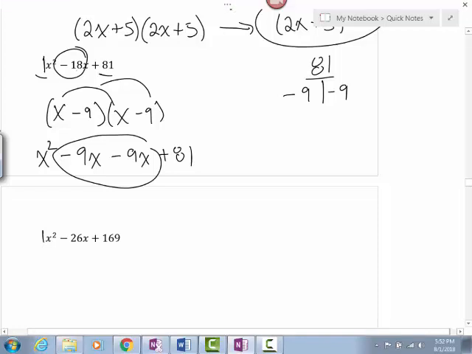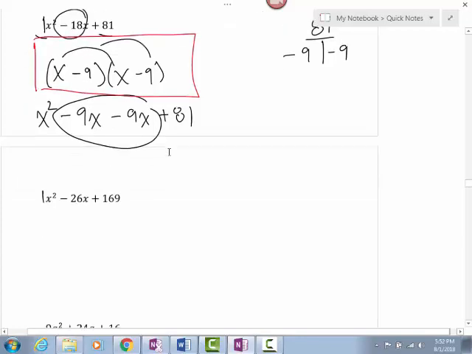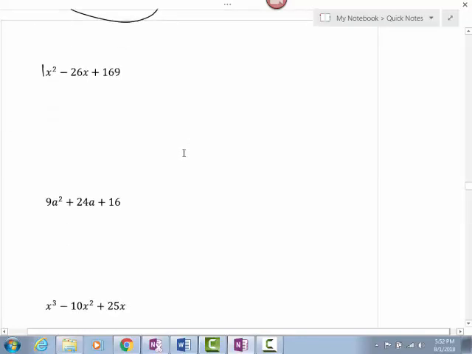So that's just sort of a shortcut, but again, it only works when the number in front of your x squared is a 1, but that's really what my answer is, okay? So if my number in front of my x squared is a 1, it'll work. All right, let's try the same thing here for this one. So let's see, 1 times 169 is 169. I'm going to go ahead and use the shortcut again.